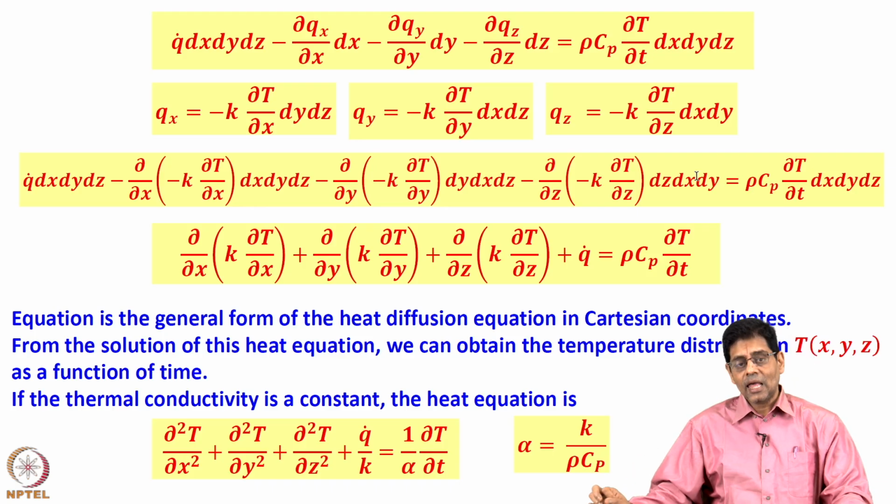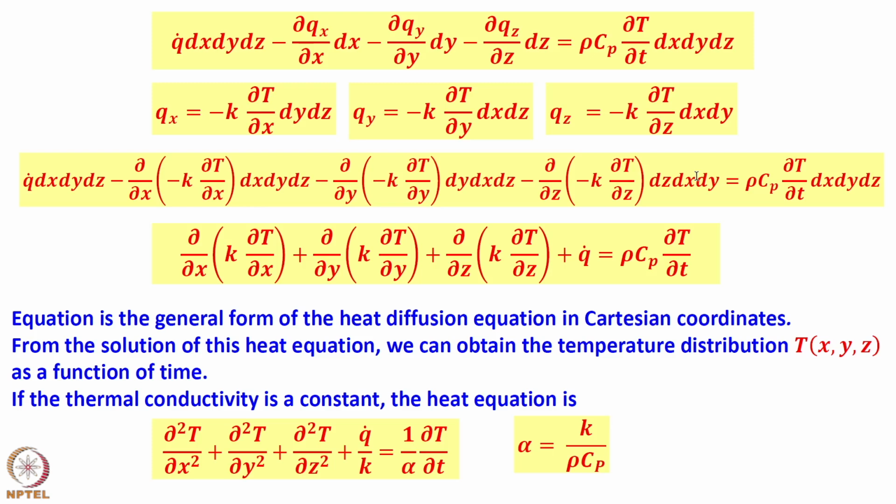So, if k, the thermal conductivity, is constant, which is probably one of the most useful simplifying assumptions, it is not wrong, because over a range of temperatures in which you are operating, the thermal conductivity can be approximated to be constant. I am not saying that if the temperature ranges from 100 degrees to 900 degrees centigrade, the thermal conductivity is constant.